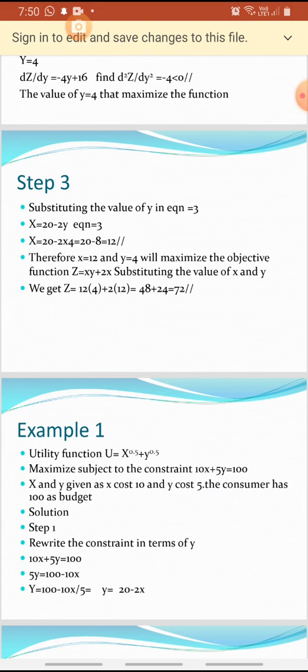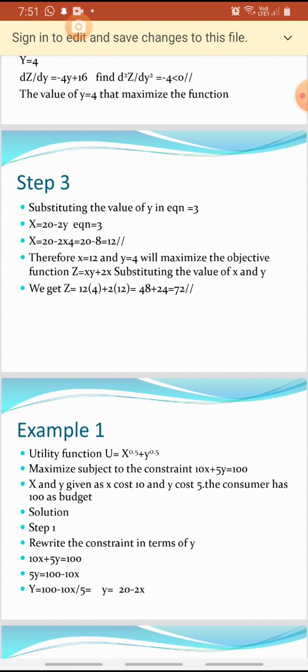We can substitute the values of x and y in the objective function z is equal to xy plus 2x. With y equal to 4 and x equal to 12, we get 12 into 4 plus 2 into 12, that is 48 plus 24, which is equal to 72.